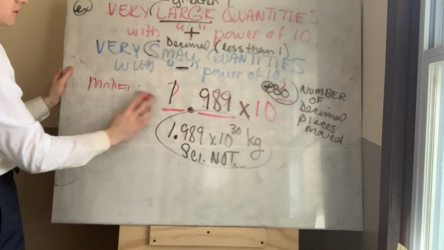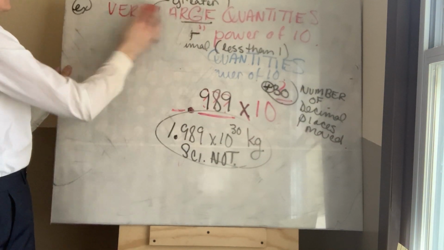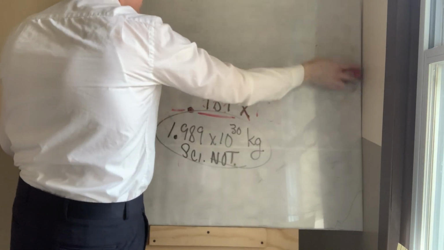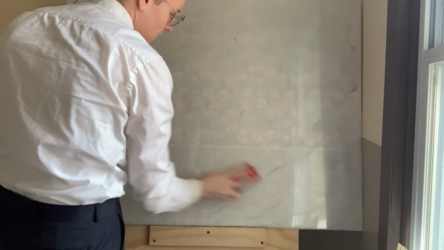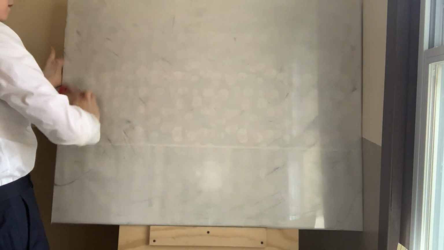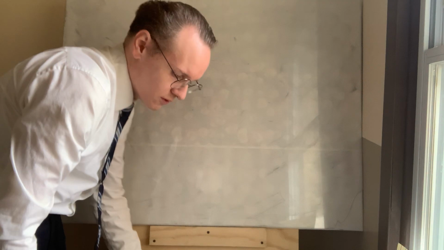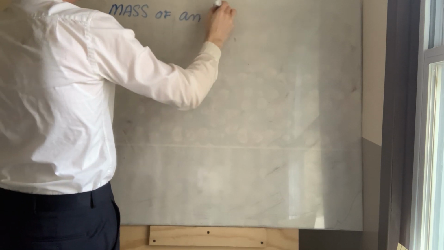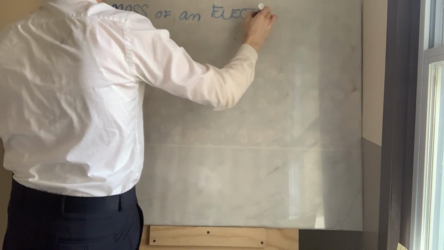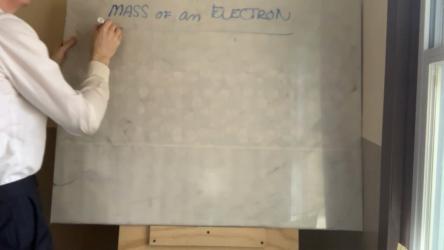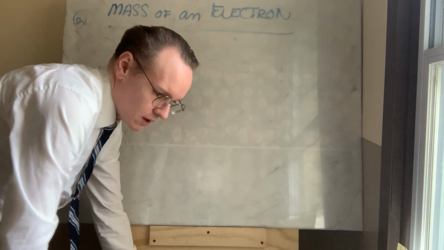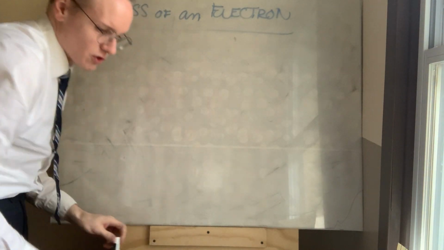An abbreviation for something very, very tiny, which ironically will have just as wide a number, or almost as wide. Here is, for example, the mass of an electron. This is also almost as challenging.